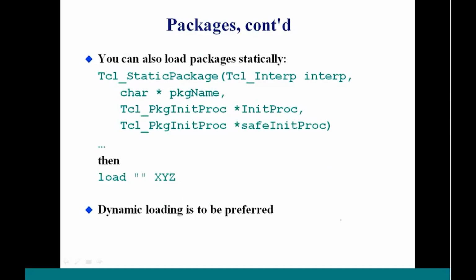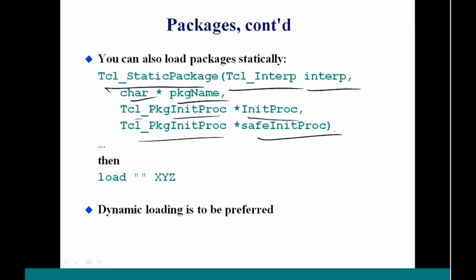If you want to load a program statically, then we specify Tcl_StaticPackage, with the Tcl_Interp and a char star package name. So that points to the thing, and then we also specify the Tcl_PackageInitProc, which is star init proc, and then Tcl_PackageInitProc star safe init proc.